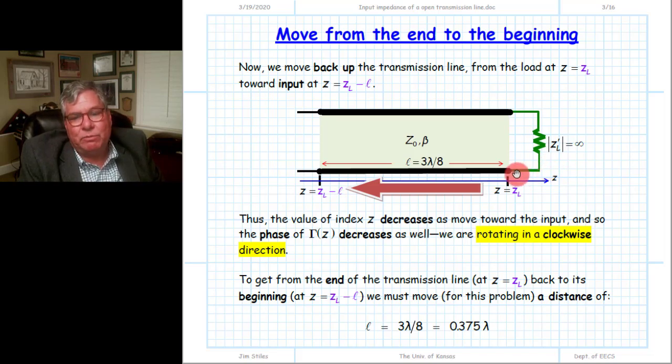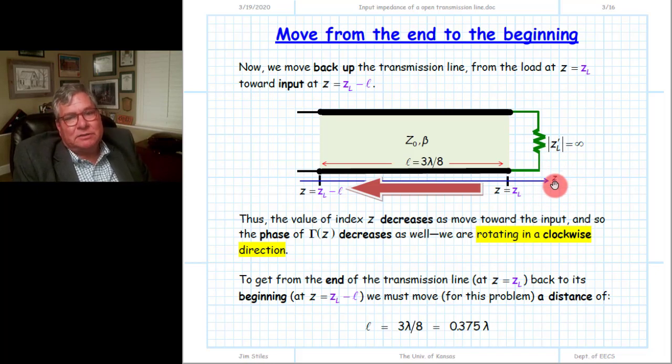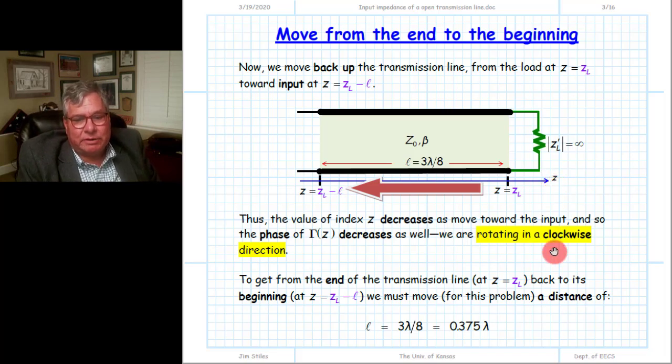And we're going to do that by moving up the transmission line toward the beginning. When we do that, once again, the position index z is decreasing, and because of that, the angle of the reflection coefficient is decreasing, and because of that, we are moving in a clockwise direction around the complex gamma plane, around the Smith chart. How far do we move?